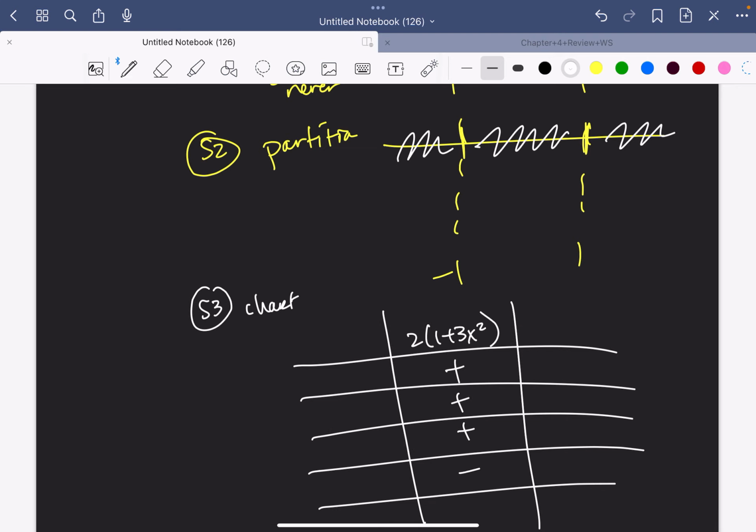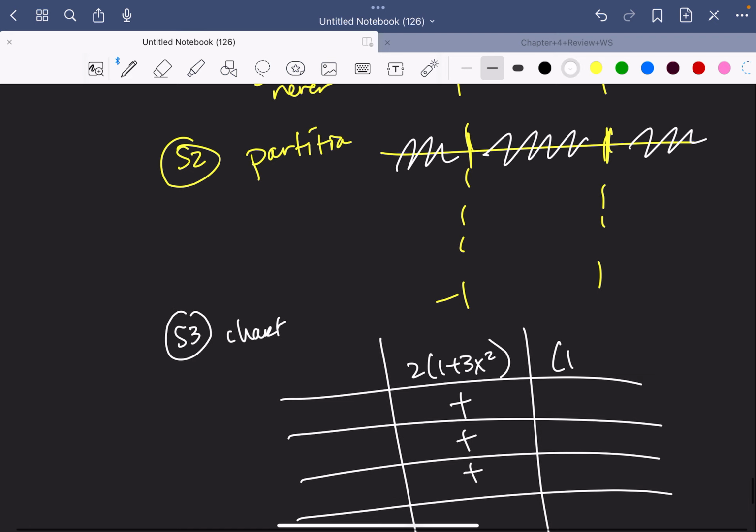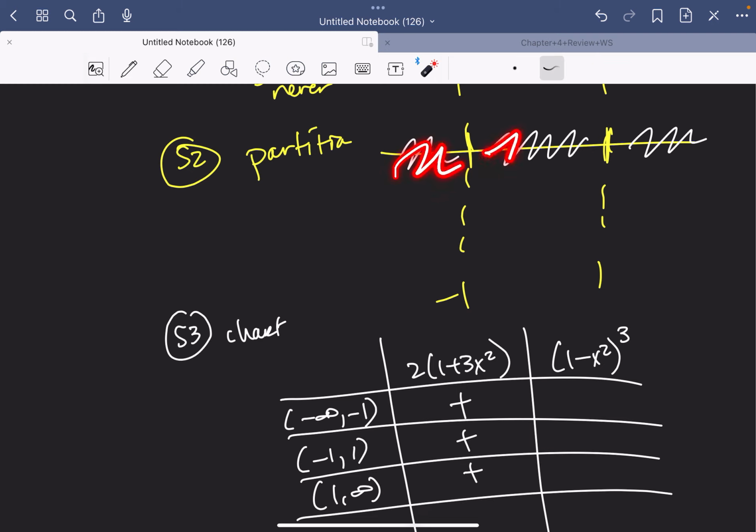And then the denominator is going to be 1 minus x squared, the quantity cubed. And our intervals are from -infinity to -1, -1 to 1, and 1 to infinity, which we just read off of here. So interval 1, interval 2, and interval 3.